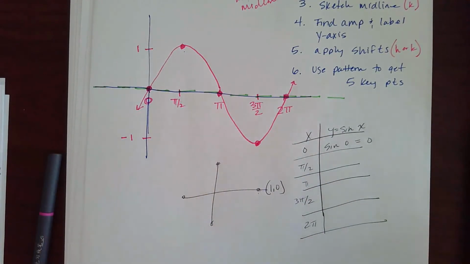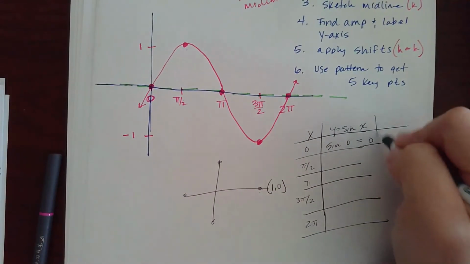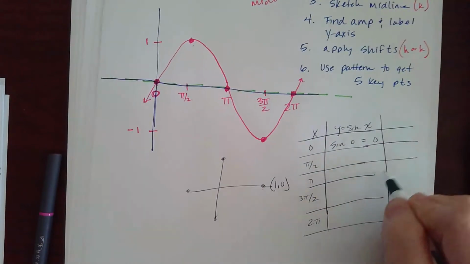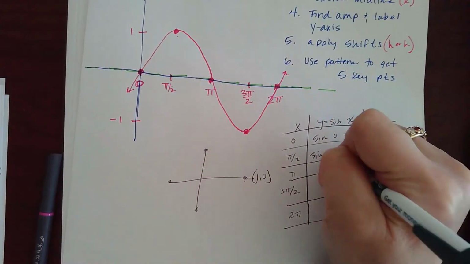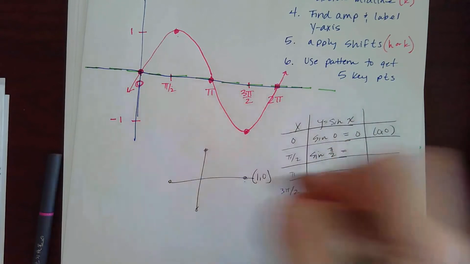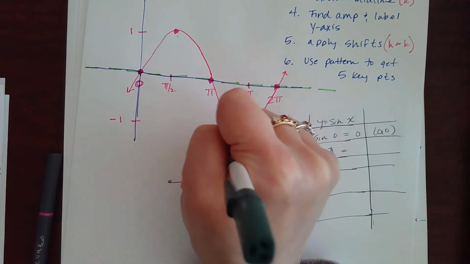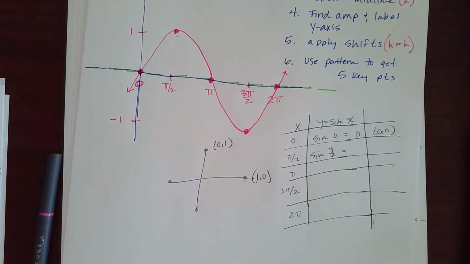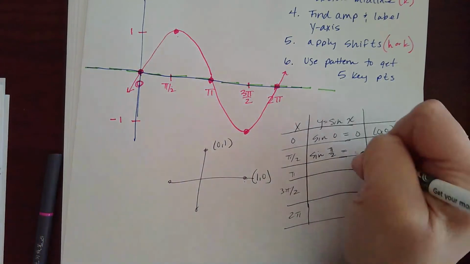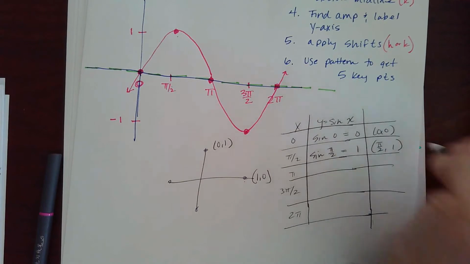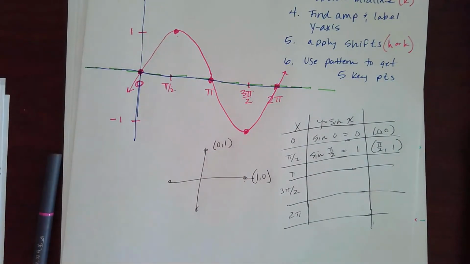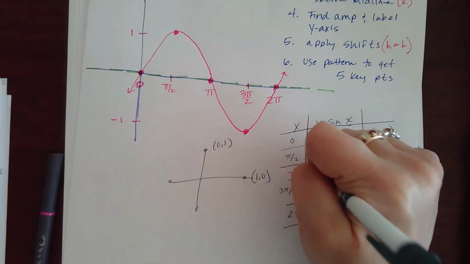So that's why we plot the point (0, 0) on your graph. Same thing with all of these. If I did sine of pi over 2, pi over 2 is at the point (0, 1). What is sine or y at pi over 2? It's 1. So that's why we have the point (pi over 2, 1).